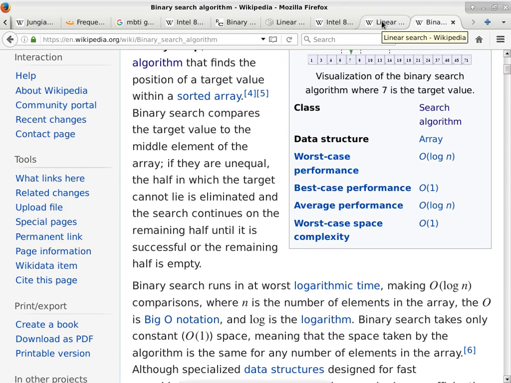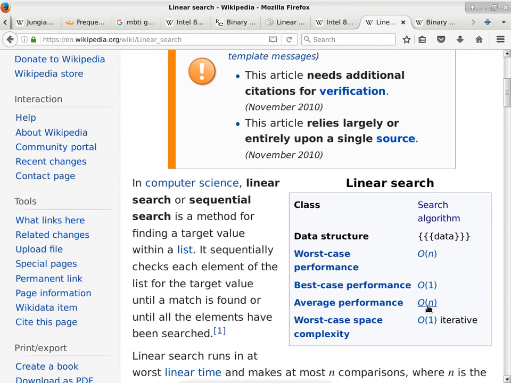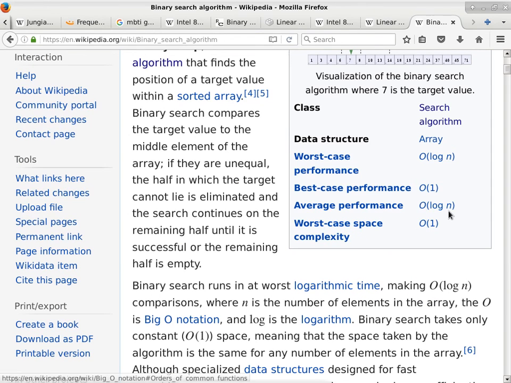Let me just go between these two again. Linear search has an average performance of big O of n, and binary search has an average performance of big O of log of n. Which one is better? Log of n. It's always log of n, because log of n grows a lot slower when n is large.